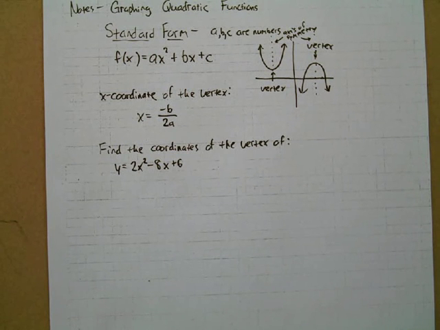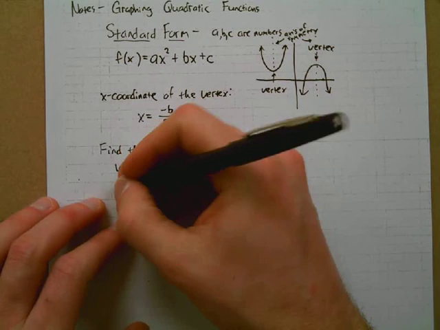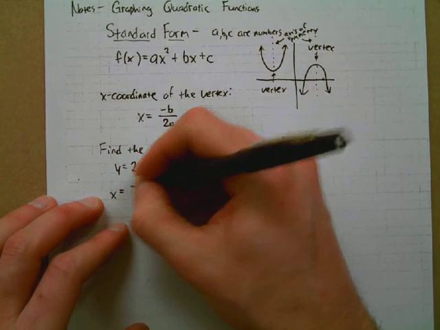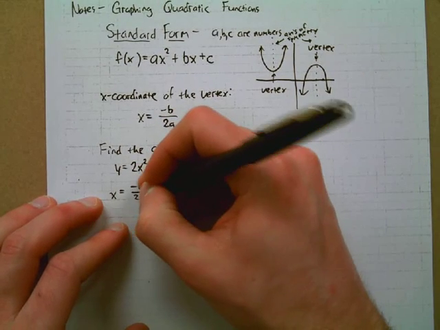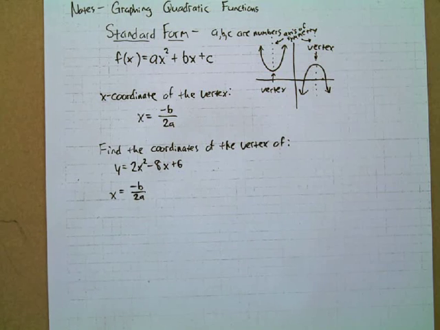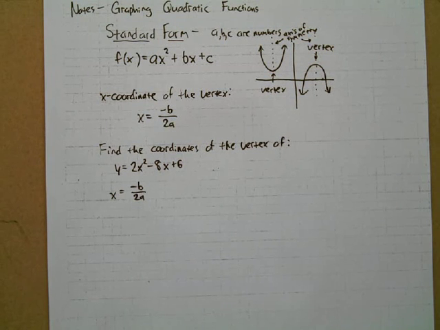Again, we're going to remember that the x-coordinate is negative b over 2a. Which means, what should go into my b here? A negative 8, yeah.